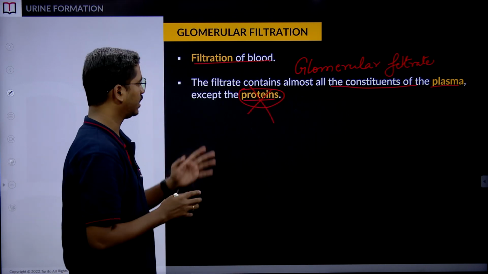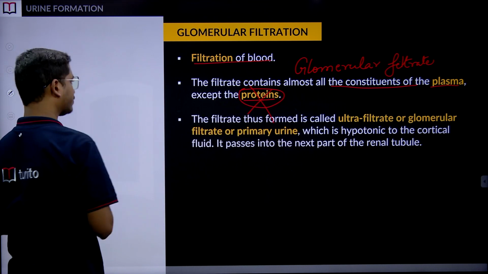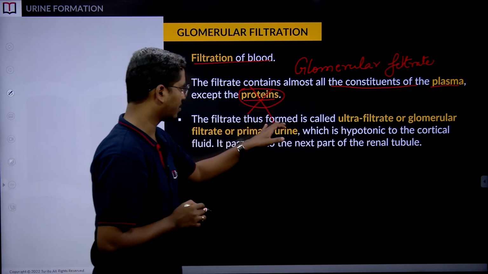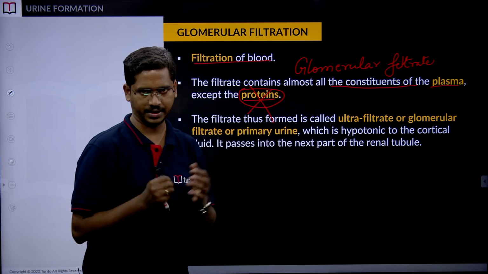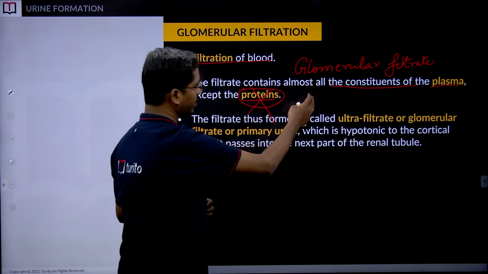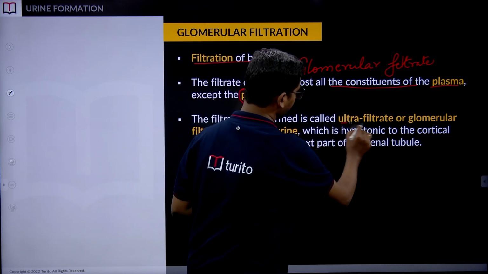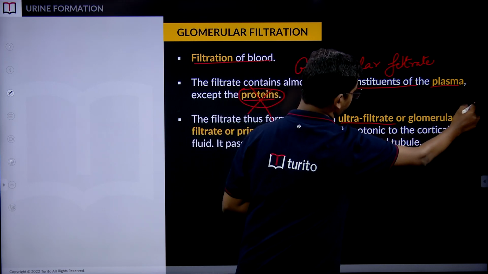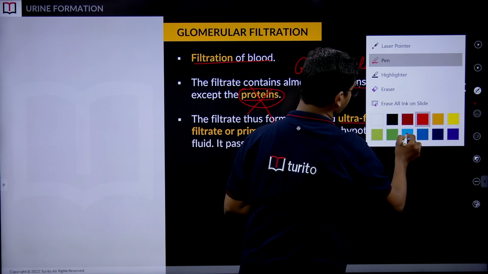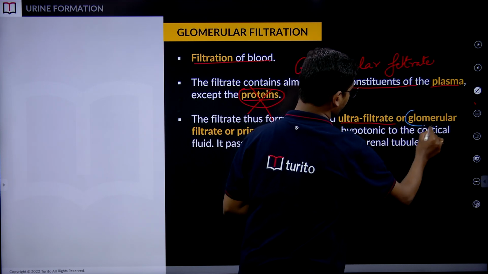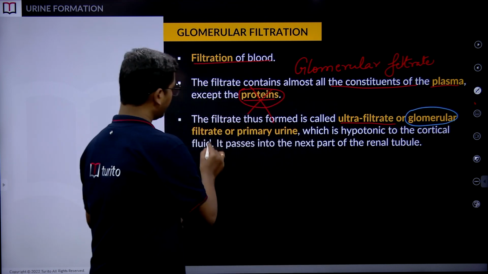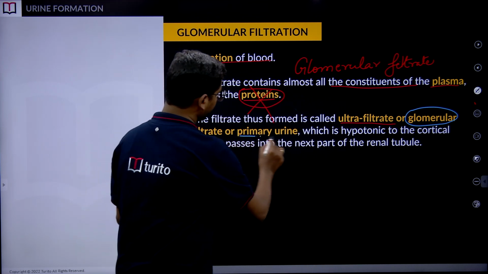Next, the filtrate thus formed is called ultrafiltrate. That means, leaving proteins, whatever is present inside is known as ultrafiltrate, which is also known as glomerular filtrate or primary urine.